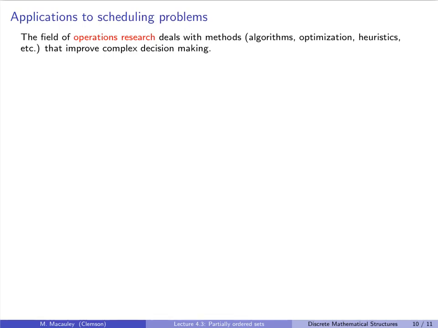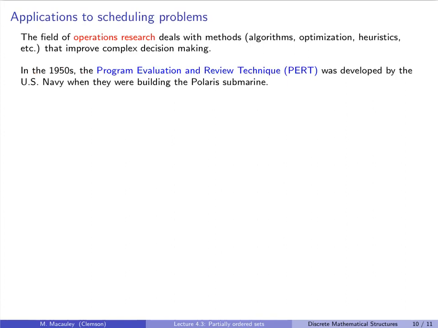They don't want people to wait for 6 hours, and they don't want them to miss their flights. So how to schedule air traffic routes so this works and so you don't waste money is a huge mathematical problem, and it's about complex decision making.